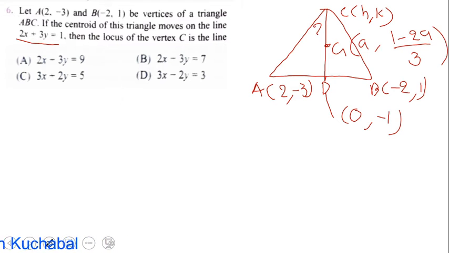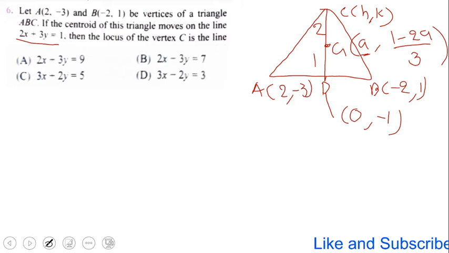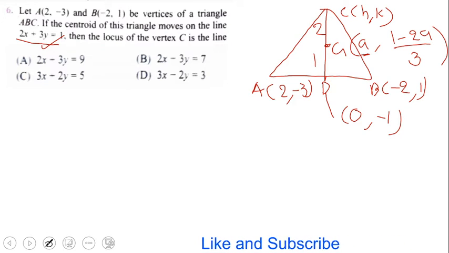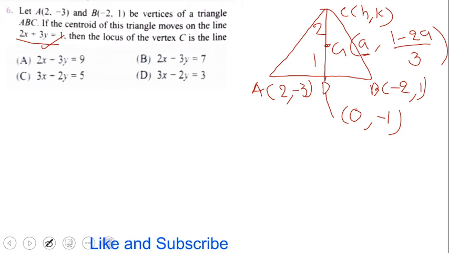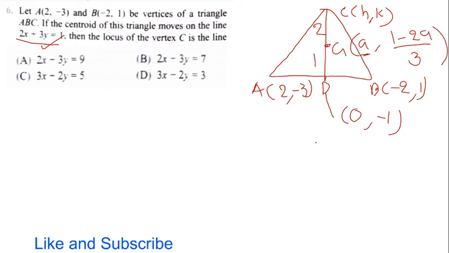So these are in the ratio 2:1 here. So here x I have taken as a, then write the solution for y. So y is 1 minus 2a divided by 3 here. Therefore we will get the point G here. Using this information we have to simplify now.